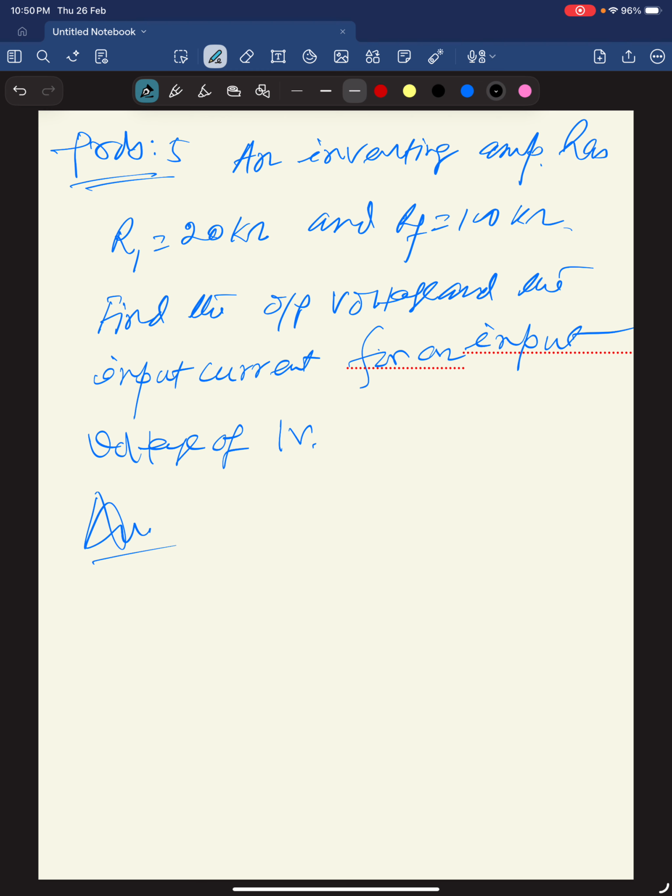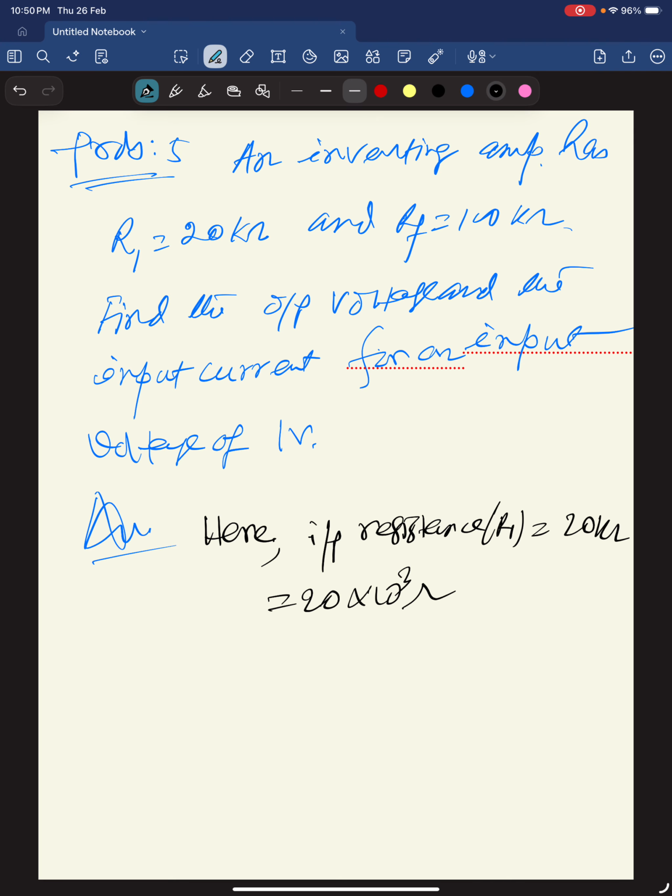What are the given here? Input resistance R1 20 kilo ohms, 20 into 10 to the power 3 ohms.